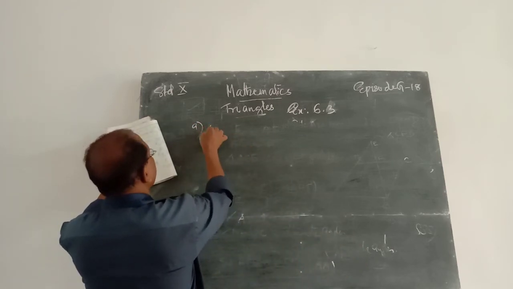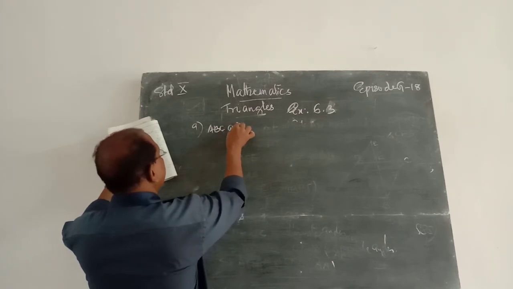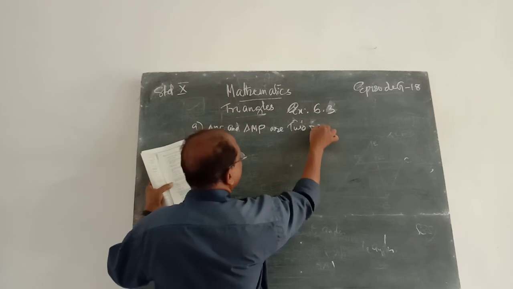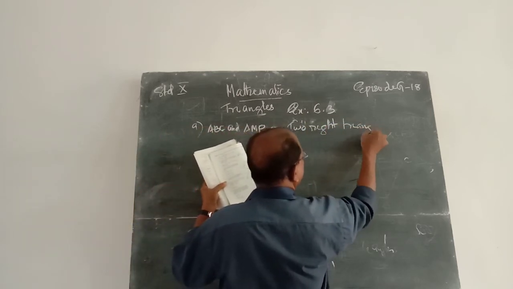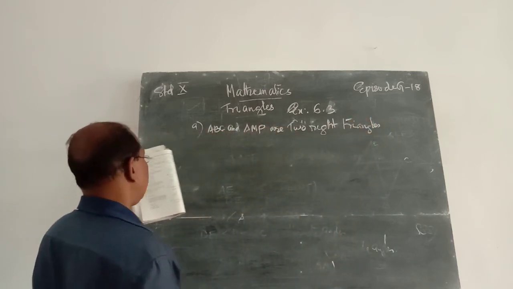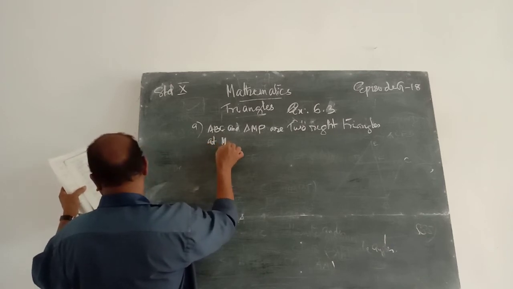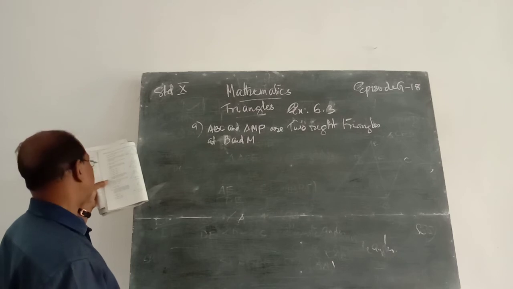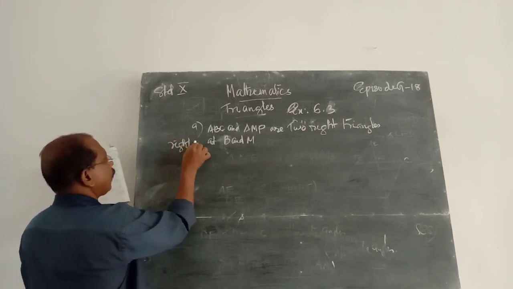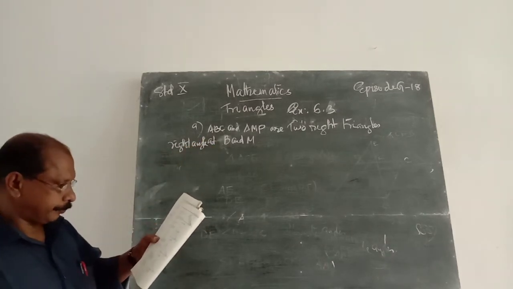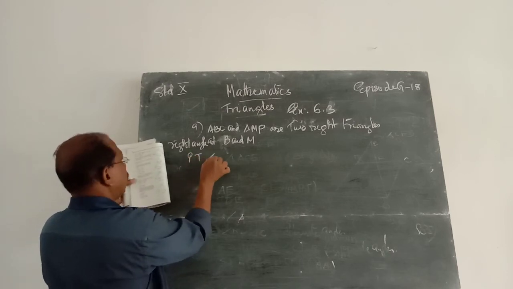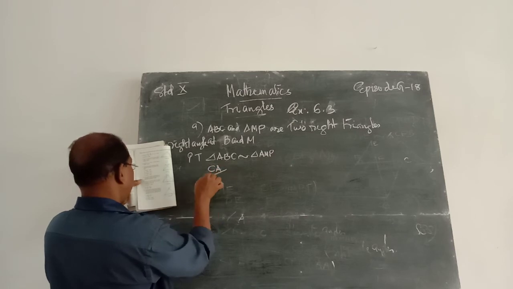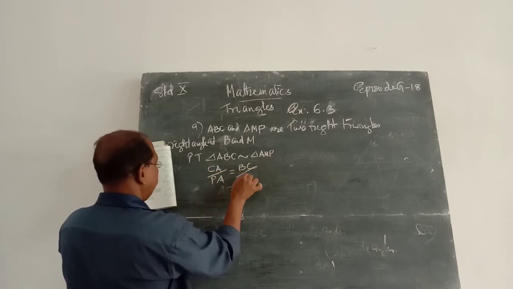ABC and AMP are two right triangles, right angles at B and M. Prove that triangle ABC is similar to triangle AMP, and CA by PA is equal to BC by MP.